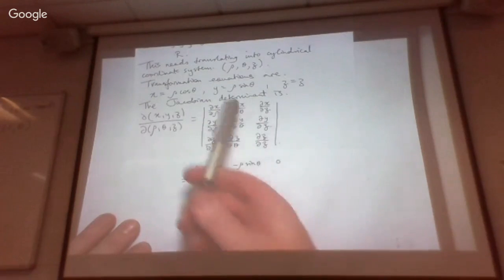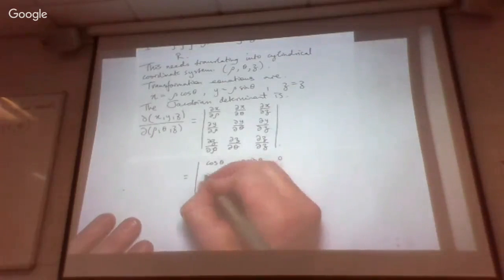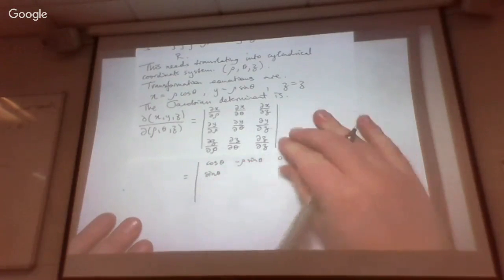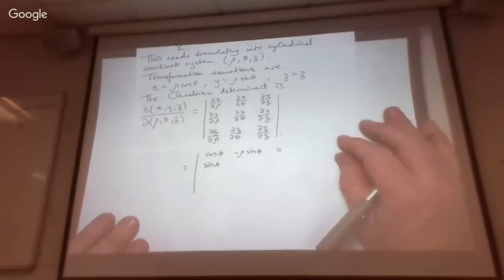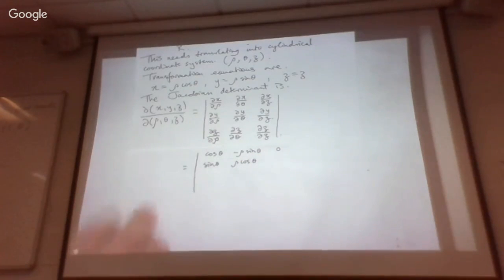dy d rho, well, you just see a constant times rho. So the derivative is just sine theta. dy d theta is rho cosine theta. dy dz, again, is 0.